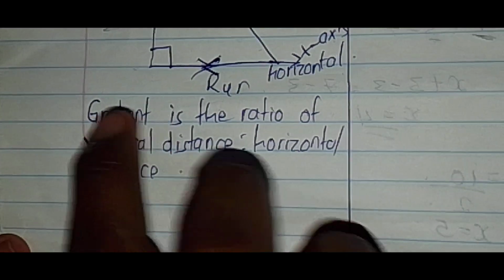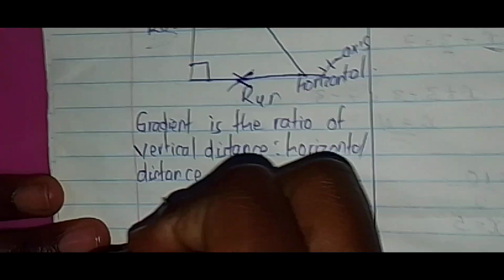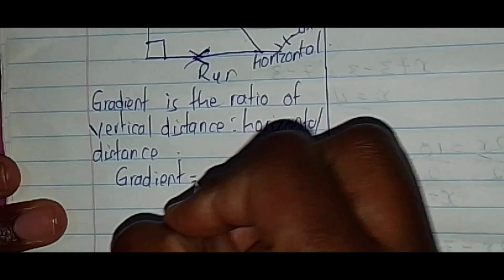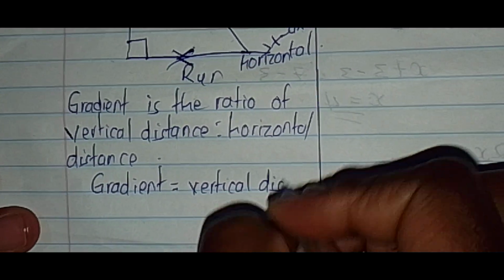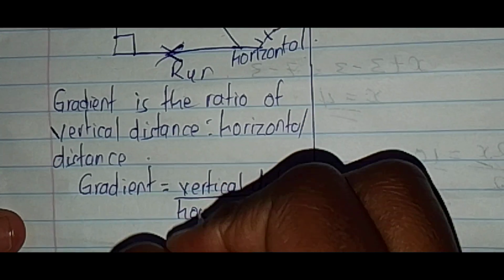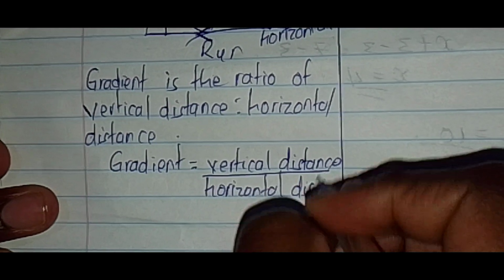This definition will assist you to find the gradient itself. So gradient is found by vertical distance over horizontal distance.